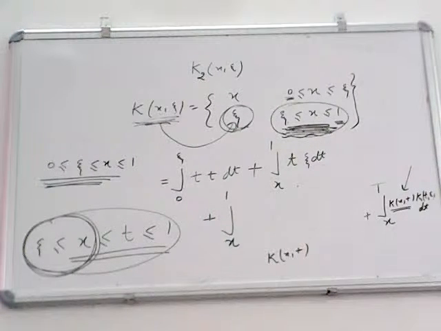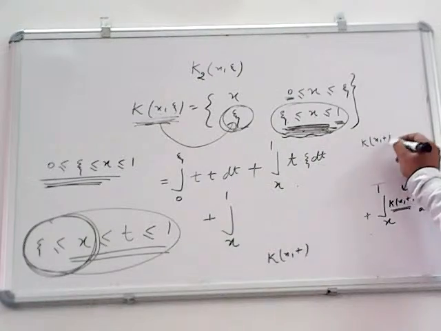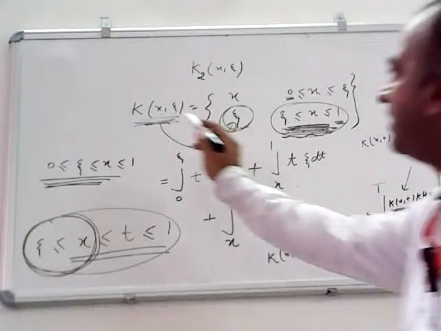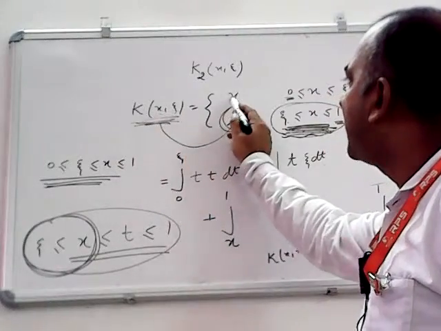In the third case, third integral, what is the value of k of x comma t? As the limits of integration are with respect to t, you can see that in the third case, k of x comma t we have to find out, and here k of x comma xi is with us. K of x comma xi is x and xi.